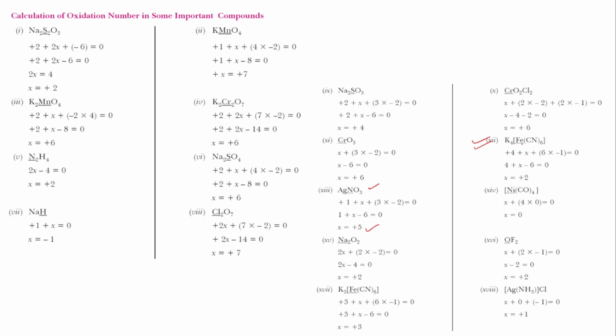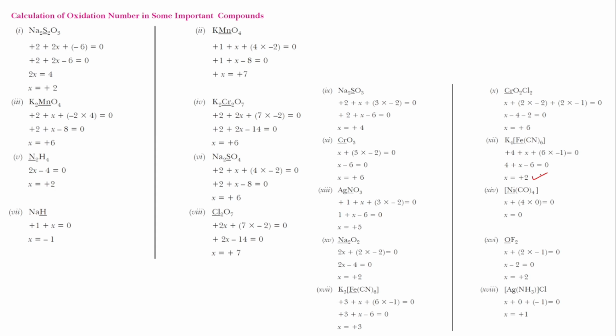Coordination compound. K4Fe(CN)6, potassium ferrocyanide. So this K4 means 4 into K, which is +1. So 4 plus 4. And Fe is X, and cyanide contribution is -1. So this becomes 4 + X - 6 is equal to 0. So X comes out to be +2. So charge on this Fe is +2.